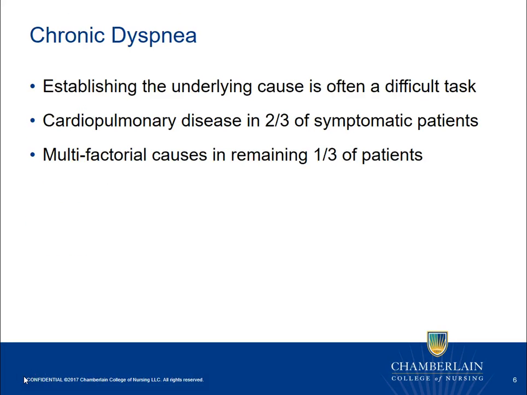Establishing the underlying cause of chronic dyspnea is often a difficult task because there are many conditions that fit the bill. In about 2/3 of symptomatic patients, the etiology is due to cardiopulmonary disease. In 1/3 of all cases, the cause of dyspnea is multifactorial.